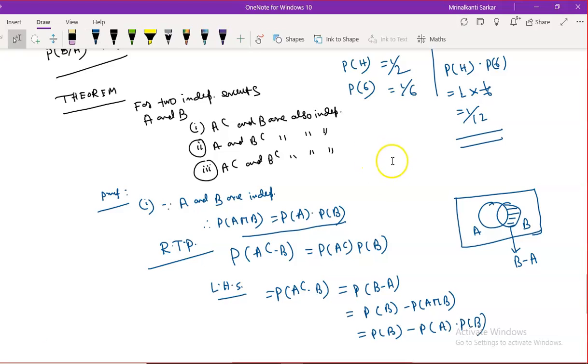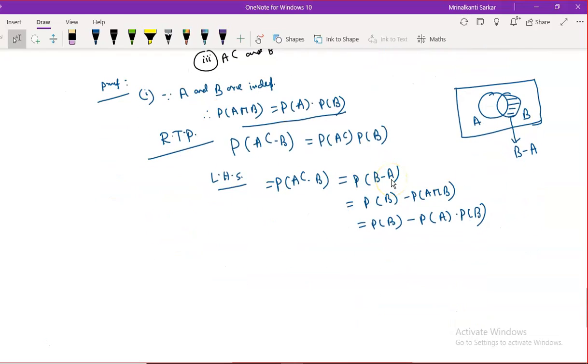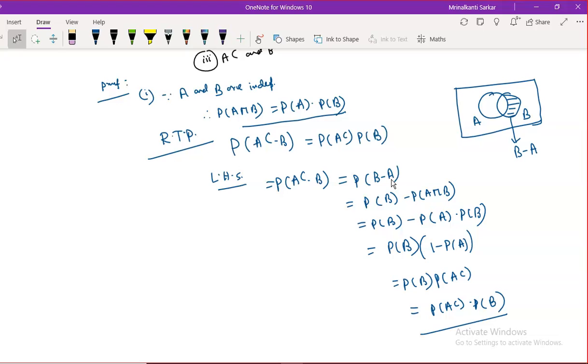P(A) into P(B), obvious. So you take P(B) as common: 1 minus P(A), this is P(A complement), into P(B).